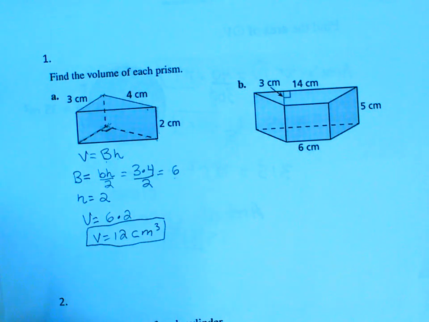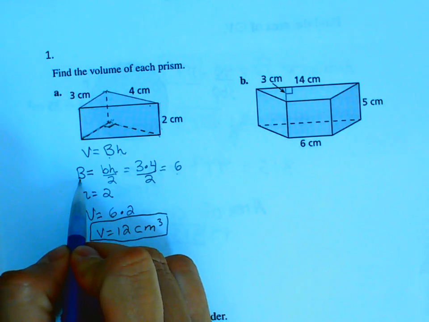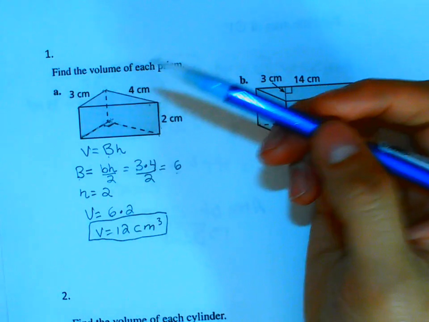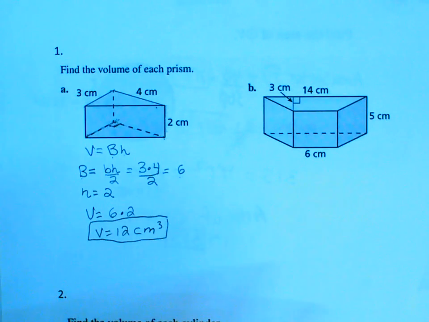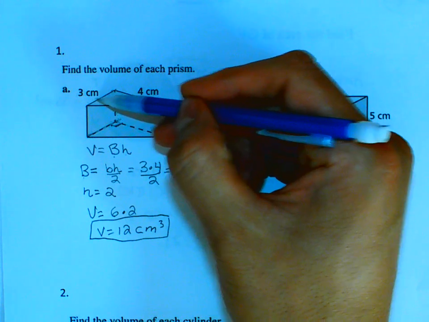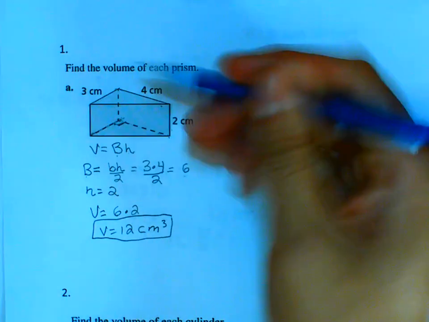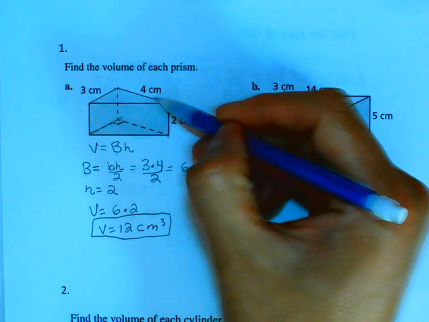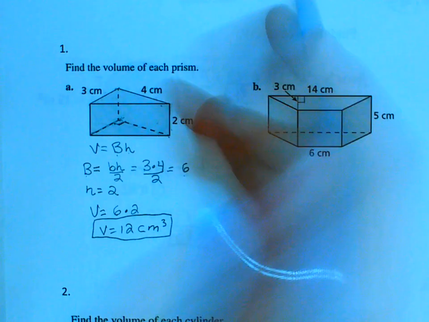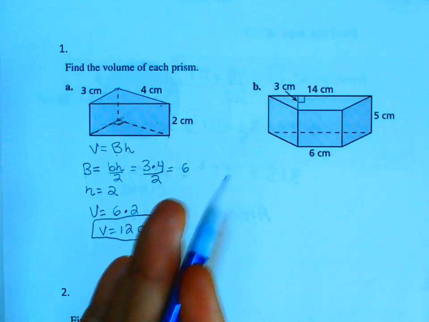So like I said, this equation for B will change depending on what your base is. So how do you know which one's your base? If you look at this triangle right here, imagine trying to do a cross-sectional area like we did in the previous lesson. If you were to slice this triangle vertically, you can see that the shape being created as you keep slicing it vertically is not going to give you the same shape.